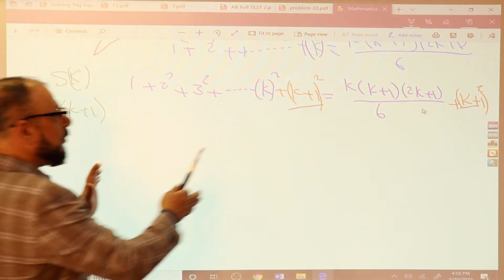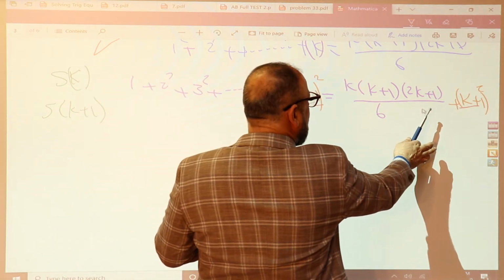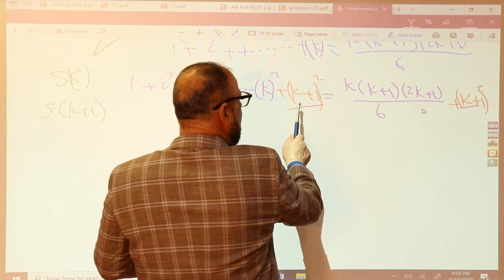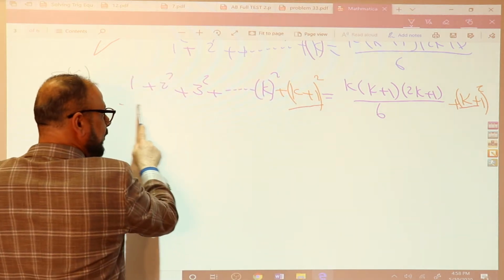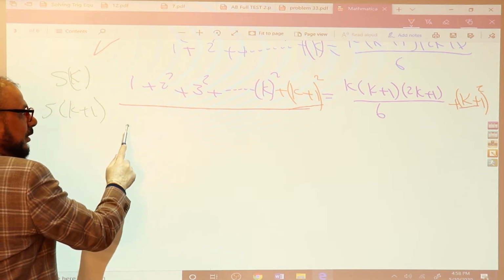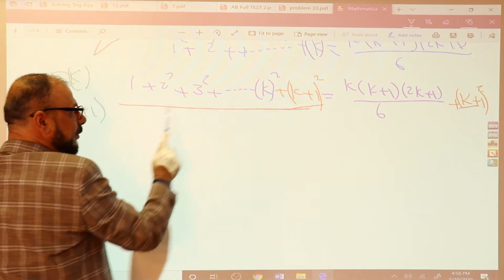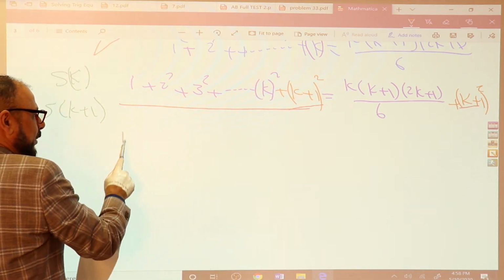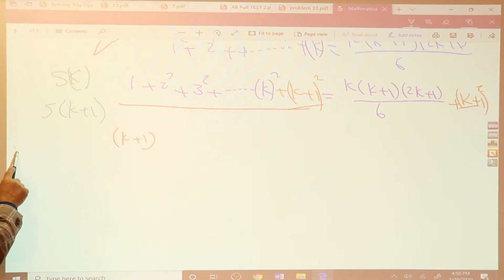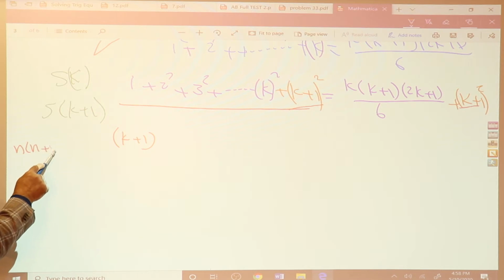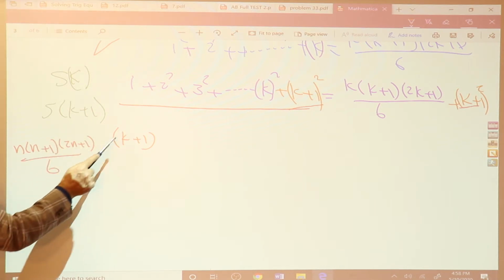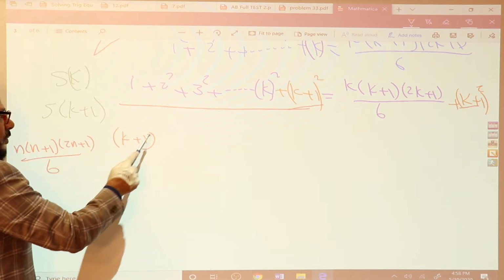Now, leave this side. We're going to prove the other side. This side we know, this side we're changing. From the definition, instead of n, it should be k plus 1. From the definition, n, n plus 1, 2n plus 1 over 6, I'm changing any n to k plus 1.